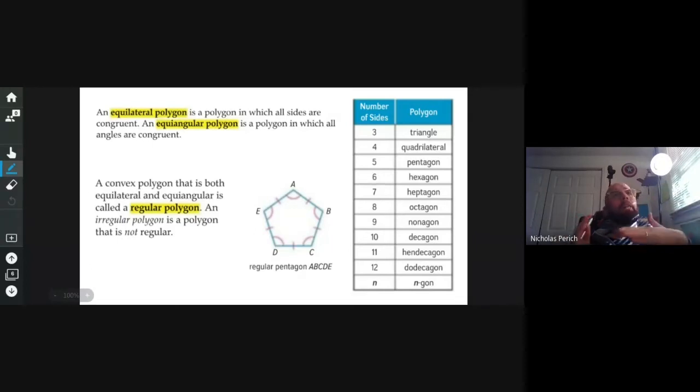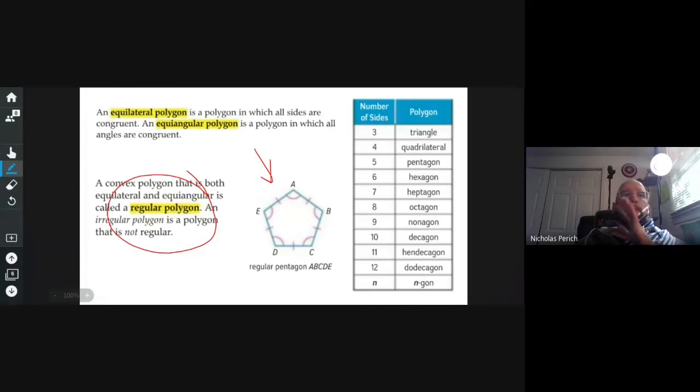When you have a polygon where all the sides are exactly the same, like a square or an equilateral triangle, it's called a regular polygon. So this guy right here is what's called a regular pentagon, because all of the sides are exactly the same and all of the angles are exactly the same.